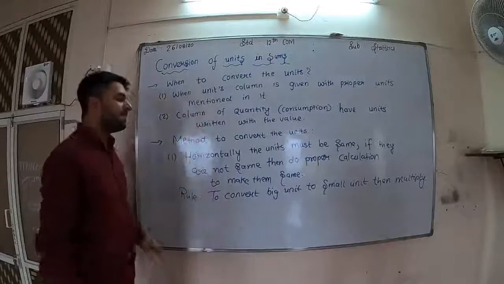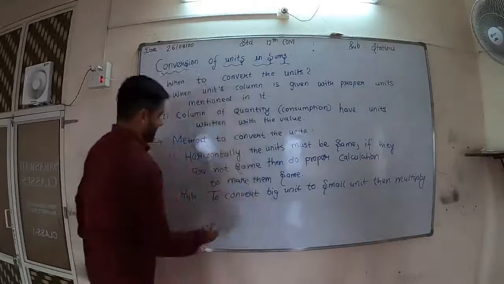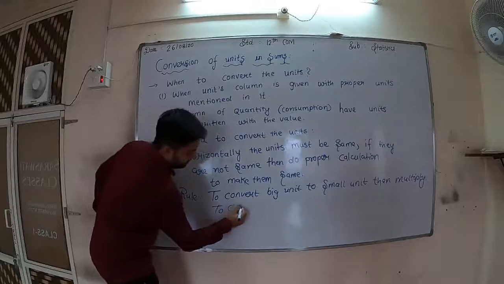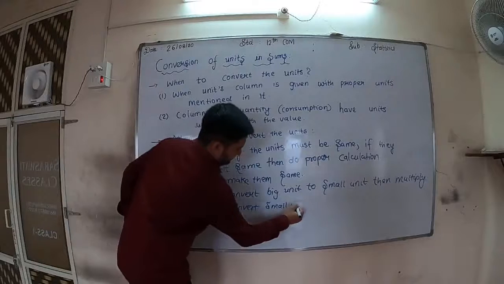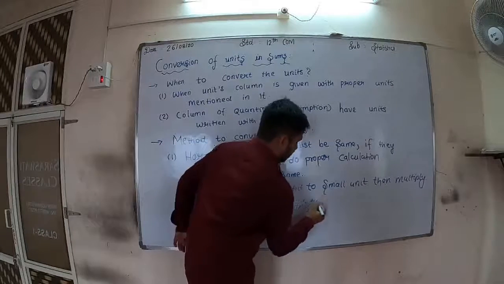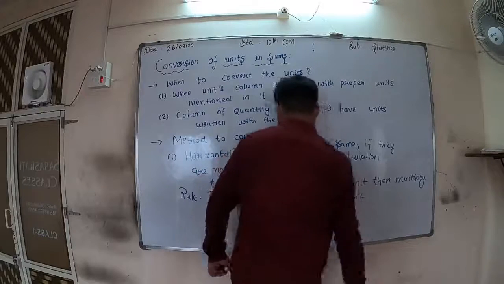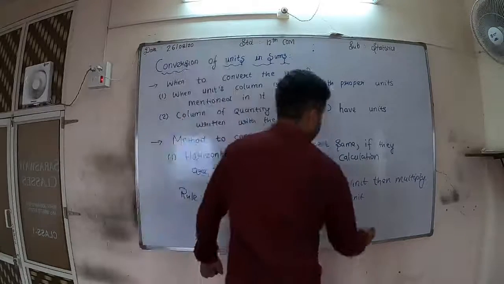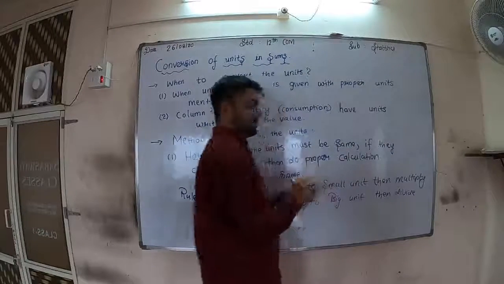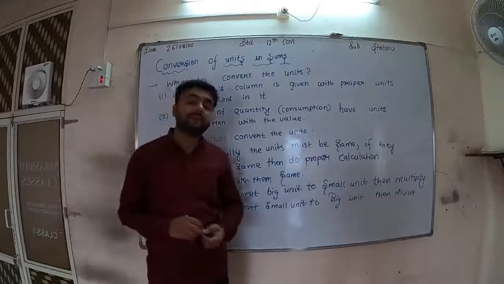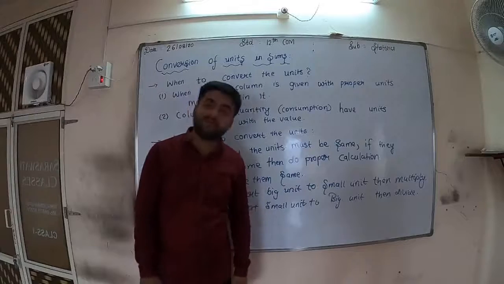Means you don't need to show any multiplication, but you need to remember to multiply. And opposite to it, to convert small unit to big unit, then divide. Suppose we have 2400 gram, gram is the small unit, you need kg, the big unit, then what will you do? You will divide.